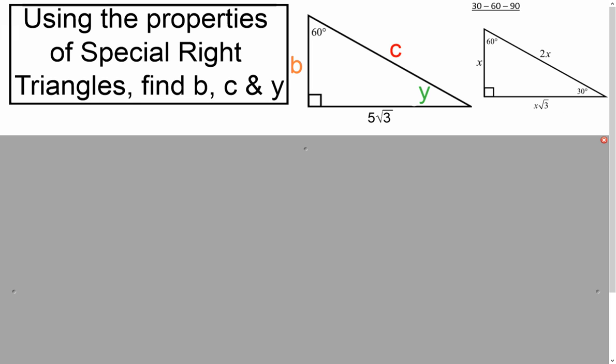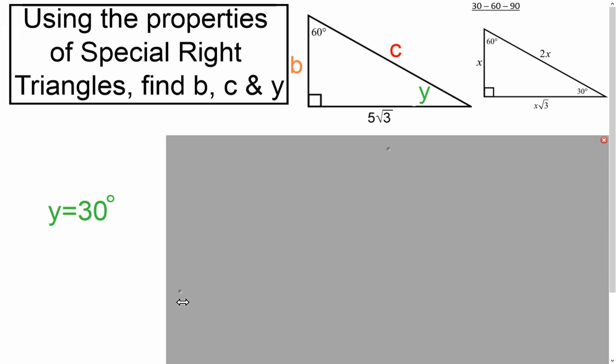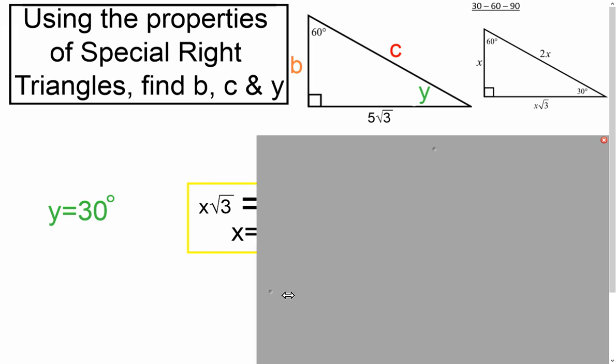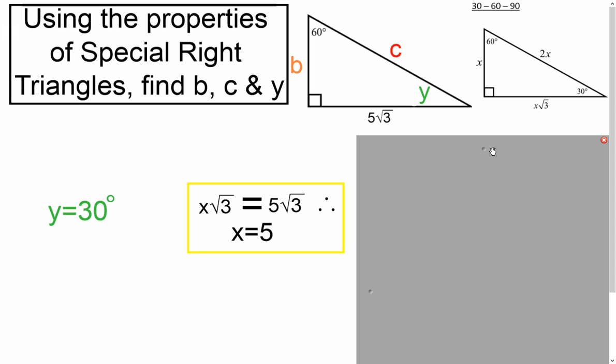Let's look at an example of a 30, 60, 90 triangle. We have our 90-degree angle and our 60-degree angle, which makes Y a 30-degree angle. Now we need to know what X is and what B is, so let's see what we can find. Down here, it's got 5 square root of 3 and x square root of 3.